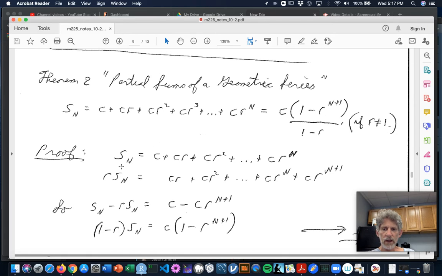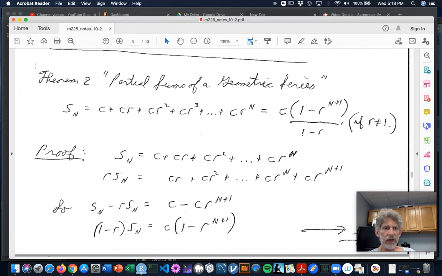So thinking now ahead about whether a geometric series converges or not, and could we find what it converges to when it does converge? It's kind of a two-step process. We're first going to analyze the sequence of partial sums, because after all, the limit of the sequence of partial sums is what the infinite series is. And then we'll figure out about infinite series.